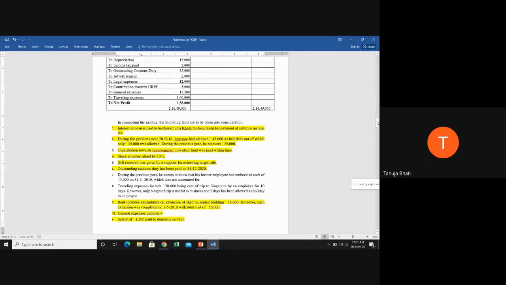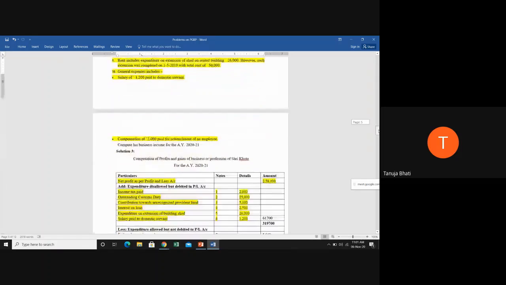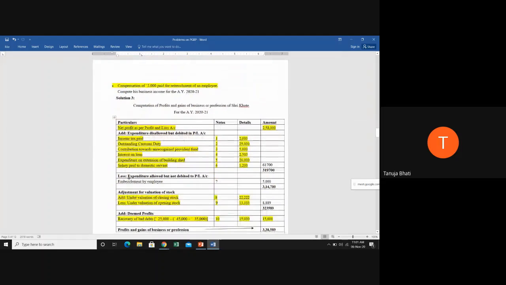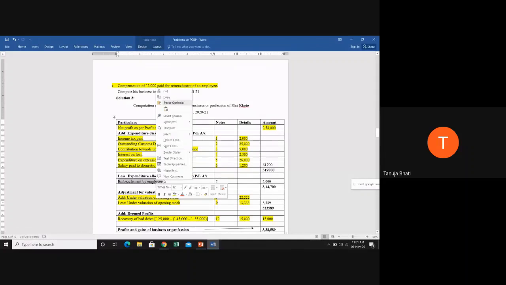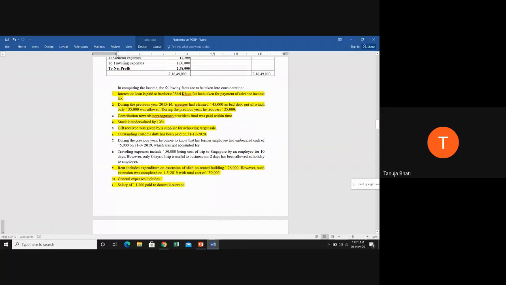Yes, we have to debit it in the P&L, because it is not debited. So, less: expenditure allowed but not debited to P&L account, embezzlement by the employee, that is 5,000 rupees. Next, so we have covered this portion also.